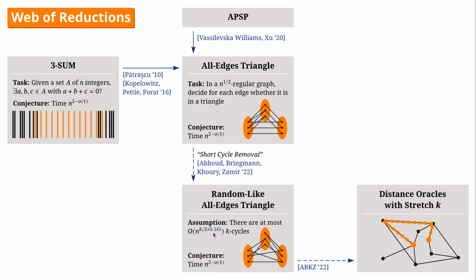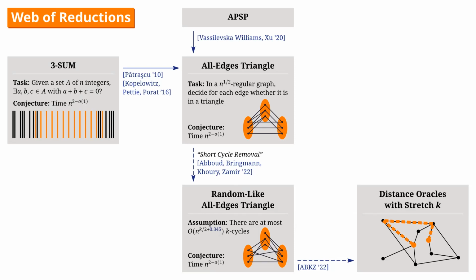And well, as a consequence, you also derive some lower bounds for distance oracles. Unfortunately, both of these steps are not tight, which is why I've indicated them by these dashed arrows. So they suffice to prove the right order of magnitude, but they do not suffice to give precise bounds up to the constant.